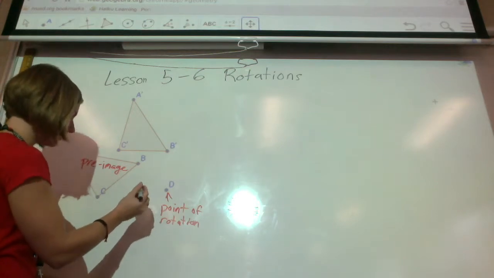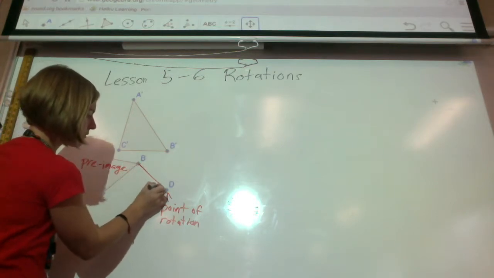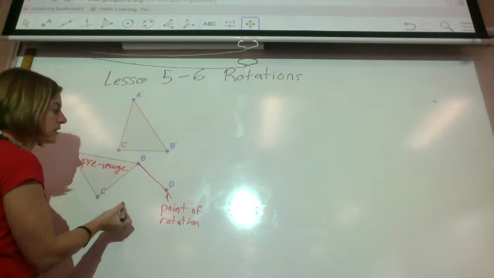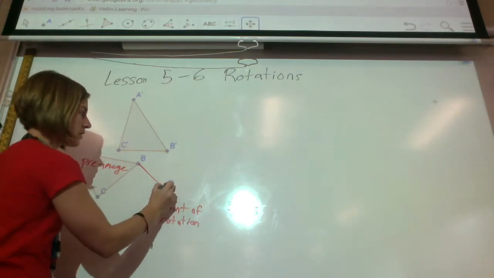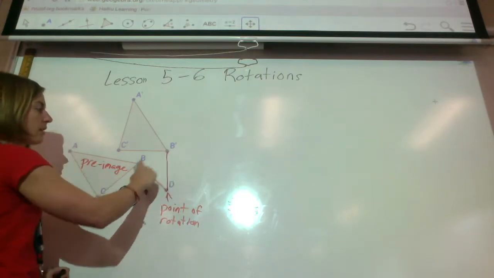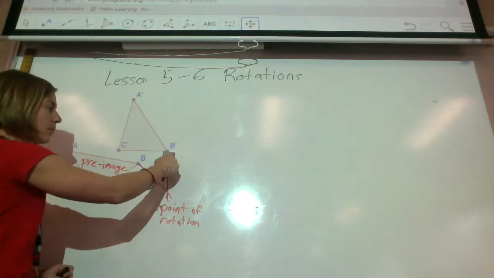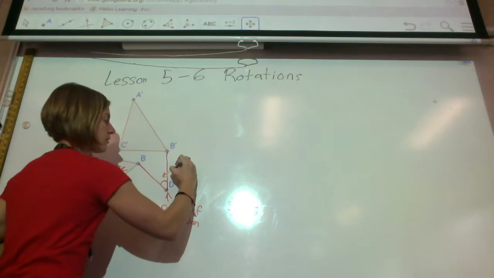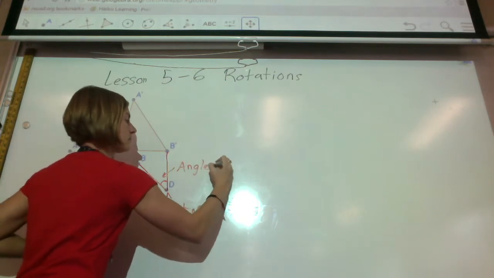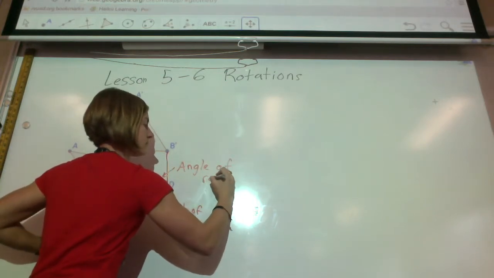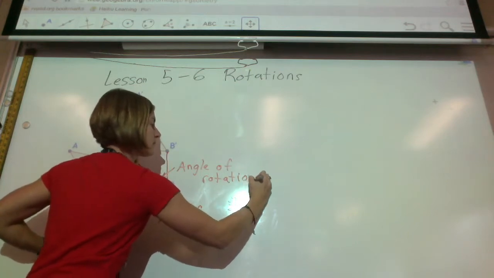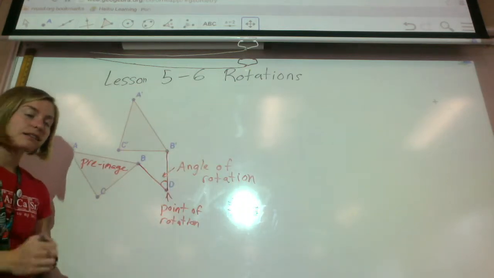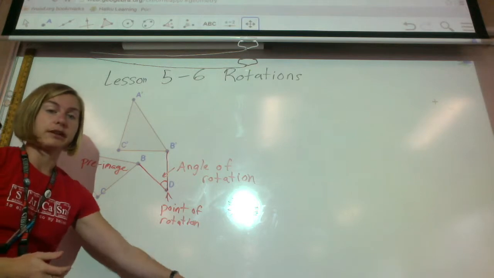If you draw a line from a point to the point of rotation, and then from the point of rotation to the rotated point, there's your angle of rotation.